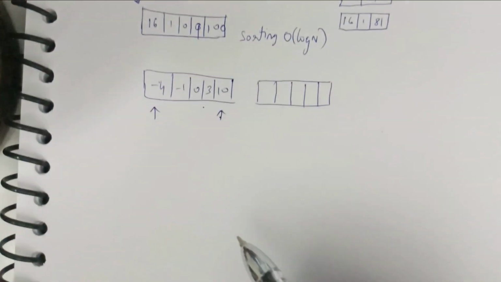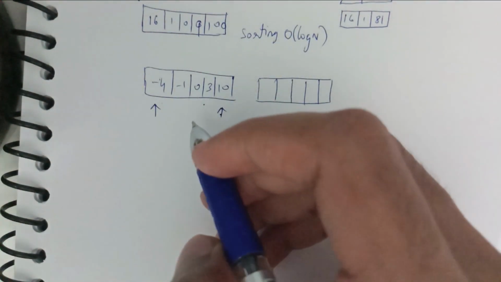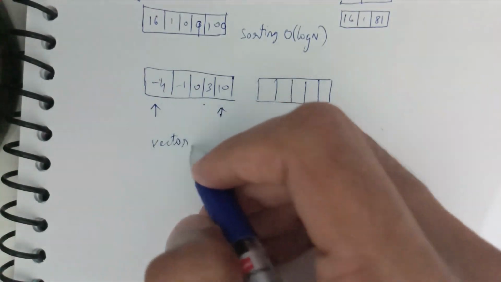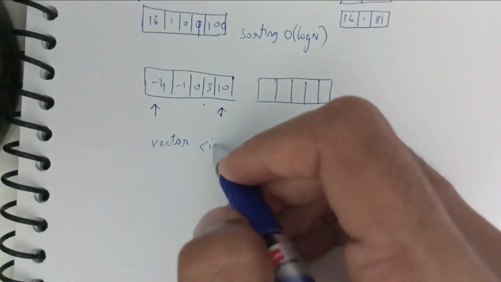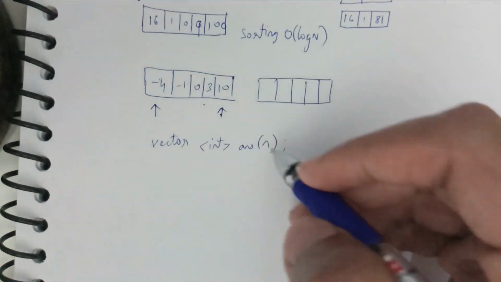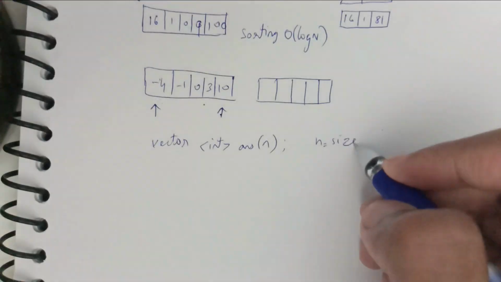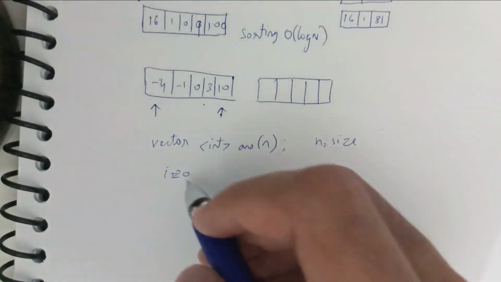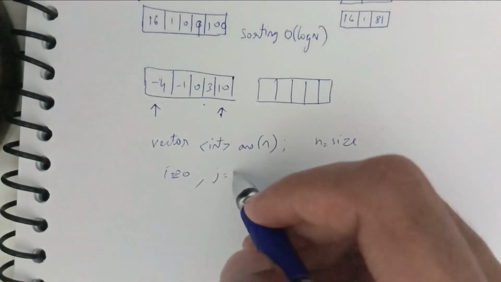So if we write this code, we just need one more vector, and n is the size of the array. We take i is equal to 0 and j is equal to n minus 1.